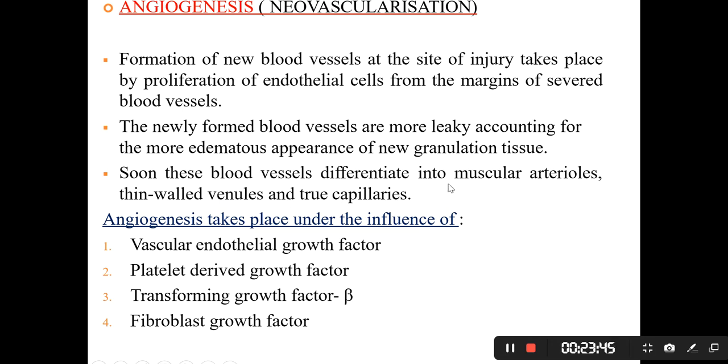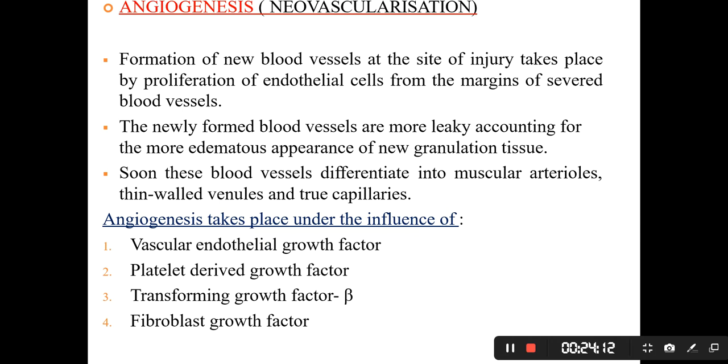So after they differentiate, then they become proper, okay, they have matured. So now the wound is healing properly, and granulation tissue will start getting covered with fibrosis, and then it will start getting covered with epidermis, and the normal skin will start coming back, okay.